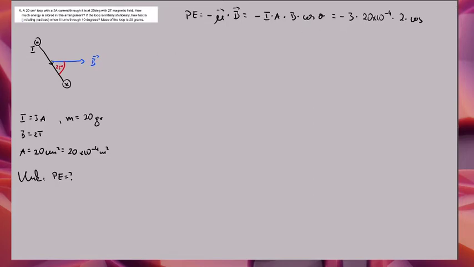The A vector points like this, 90 degrees to the surface of the loop, and so I can fairly easily figure out the actual angle theta. Theta is this here, so this is my angle theta, and I can write here that theta is just 90 minus 25, and so that's going to give me 65 degrees. Right, and so I would put 65 here.